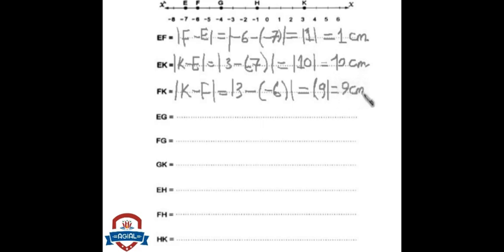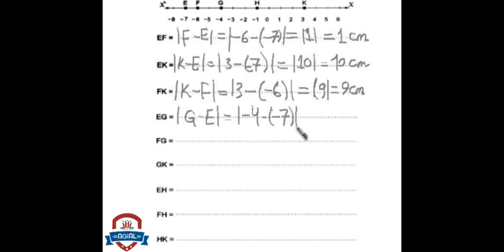The distance between E and G equals the length of line segment EG equals the absolute value of G minus E. G equals -4 and E equals -7.